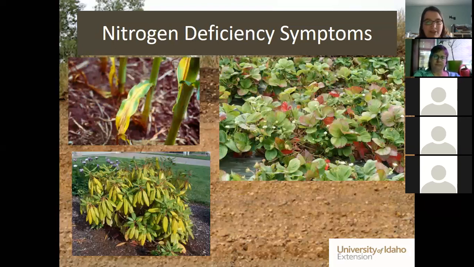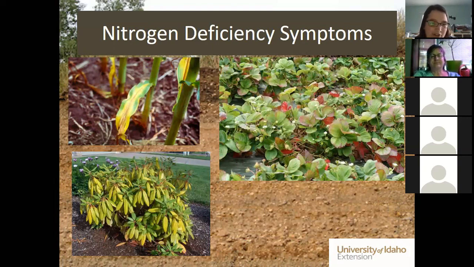So here are some examples of what nitrogen deficiency would look like. The picture in the corner is corn, with some pretty bright yellow streaking and stunted growth. The strawberries just have some red and purple coloring, though other diseases and issues can cause that same thing in strawberries.